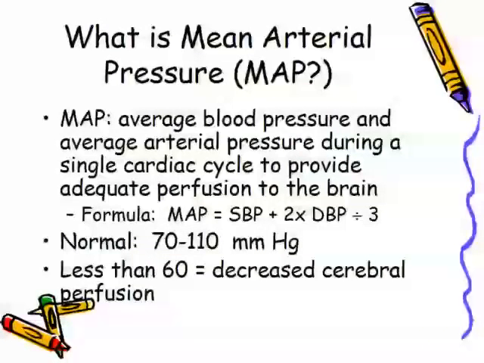The nice thing is, you might have noticed this when you do blood pressures on your patients in the hospital setting with an automatic blood pressure cuff: next time you take a blood pressure, look for the MAP value. That's automatically doing the math for you. Normal MAP is between 70 and 110 millimeters of mercury. Less than 60 leads to decreased cerebral perfusion.